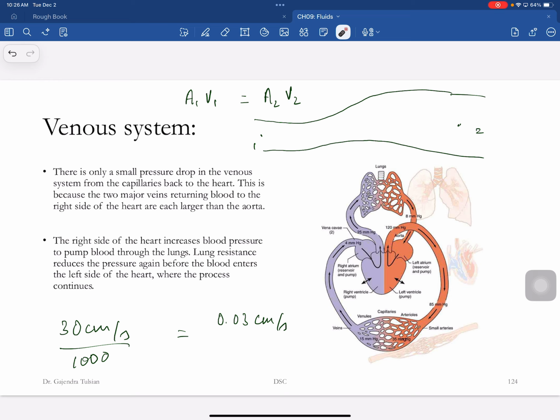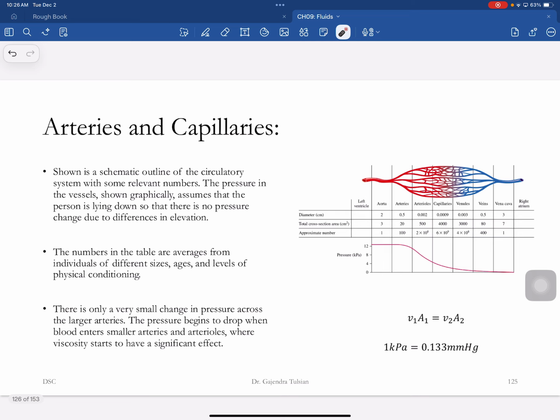By the time you get to the capillaries, you have to increase the area by a factor of 1,000 to slow it down. The total area of cross section at the aorta coming out of the heart is 3 centimeters squared, and the area of the capillaries is 1,000 times greater. That's how you slow down the blood: you increase the area of cross section.